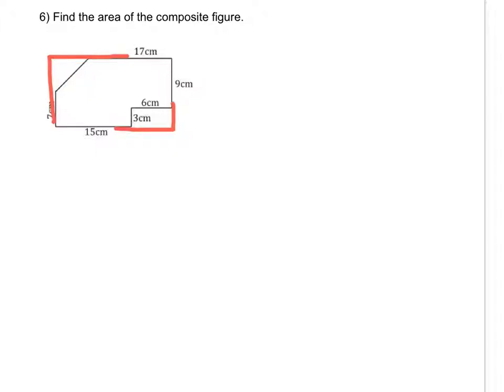So you're going to know that the whole thing, this whole length here, is 6 plus 15, which is 21. And we know that this distance here is 9 plus 3 is 12, so 21 times 12 is going to give you the area of the full rectangle, alright? So if you wanted to think of it like that.